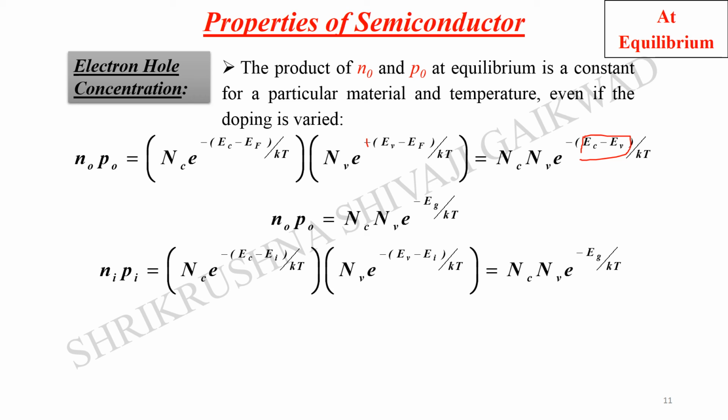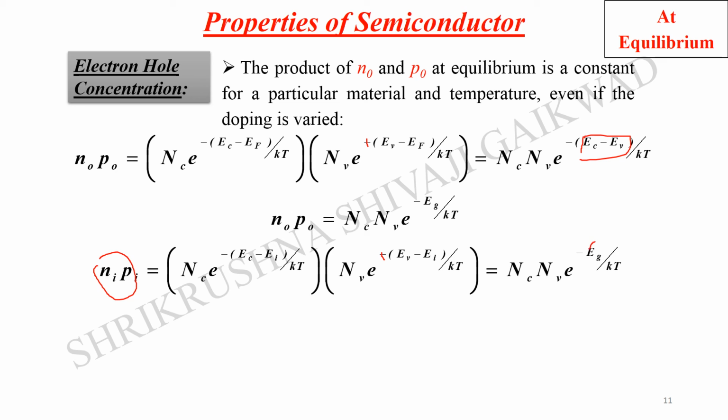So at some intrinsic energy level, we can calculate the carrier concentration product, that is ni pi equals NC exp(-(EC - EI)/kT) times NV exp(-(EI - EV)/kT).